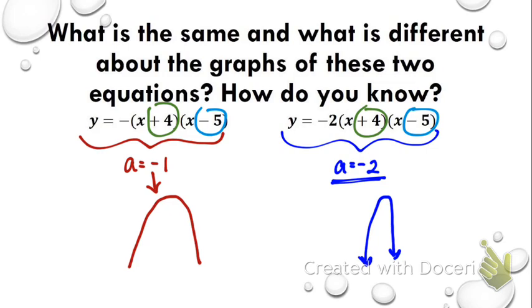It gets skinnier. Yeah. But if I take my rubber band and I compress it, I squish it, what happens? It gets wider. That's why the fractions make it wider. The whole numbers make it skinnier, because we're talking about vertical stretches and vertical compressions.